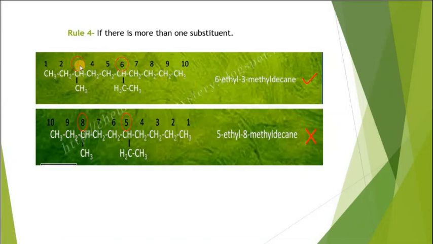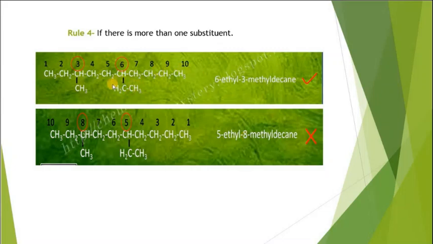So the correct name is the one in which the numbering is followed from this side towards this side. So it will be 6-ethyl 3-methyl decane, and the name 5-ethyl 8-methyl decane is incorrect.